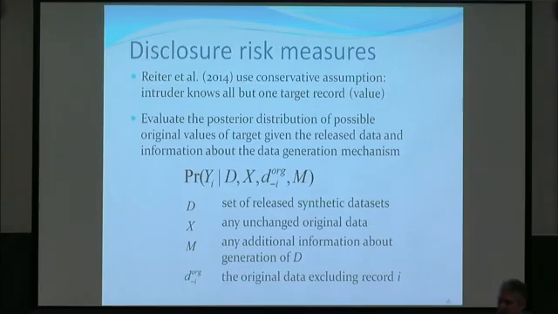Here's a conceptual framework, and I have to advertise that it's really a conceptual framework because in the types of data sets that I've tried to create, it's an absolute nightmare to implement computationally.